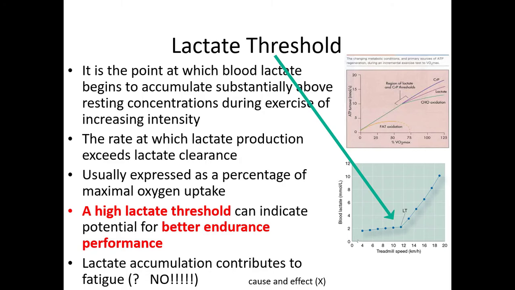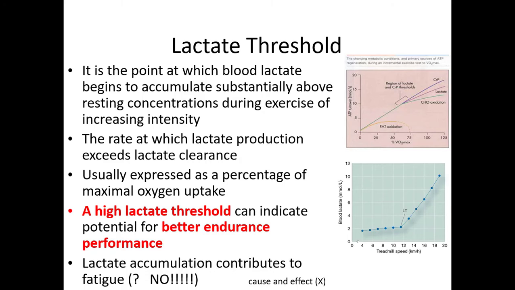Lactate threshold is the point at which blood lactate begins to accumulate substantially above resting concentration during exercise of increasing intensity. This is the rate at which lactate production exceeds lactate clearance. Both concepts are important and usually expressed as a percentage of maximum oxygen uptake, like 50% of VO2max or 80% of VO2max.